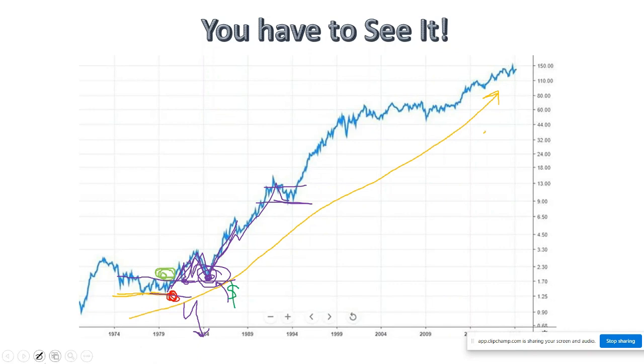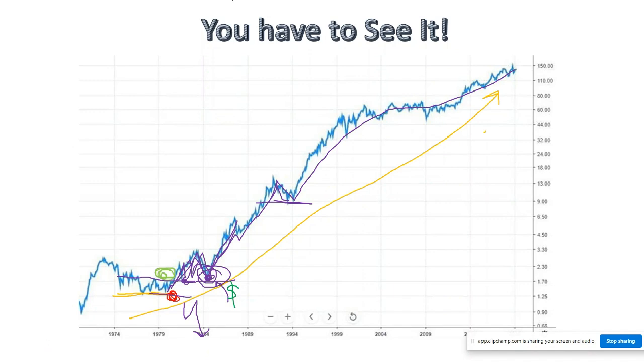You got to choose your profit taking points based on where you project the stock is gonna go. So as you see, it went all the way up here. So that's how you enter and exit your trades.